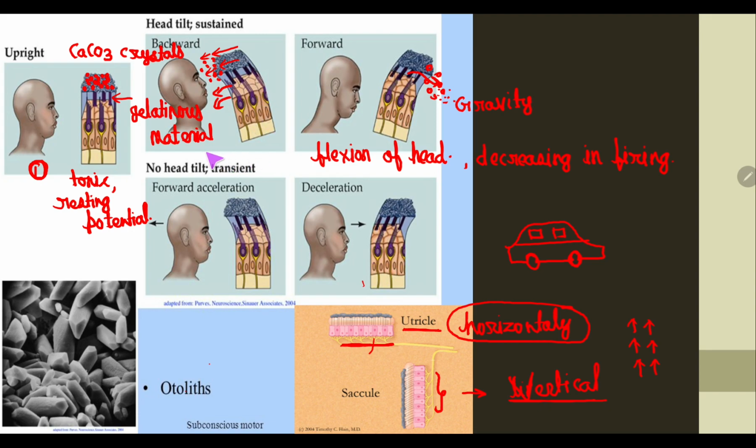It is observed that they will generate more impulses, more firing of action potential. That will be detected by your brain, and this information will go to the body, and the things will be detected.